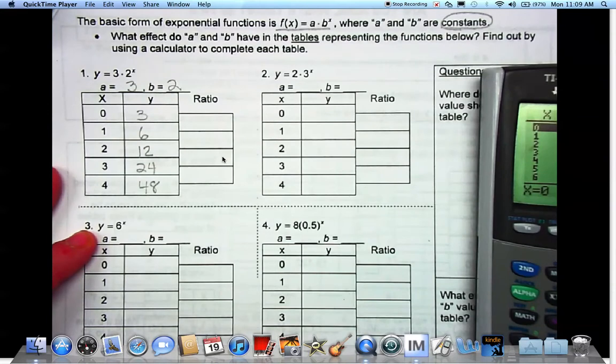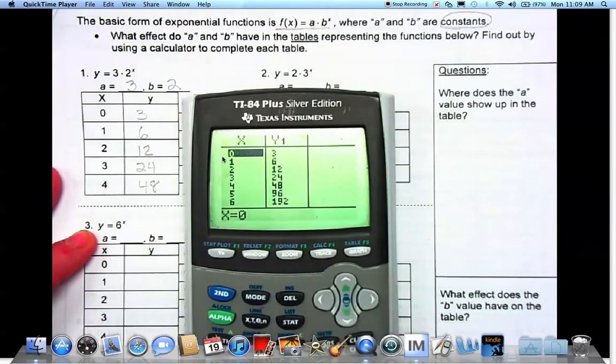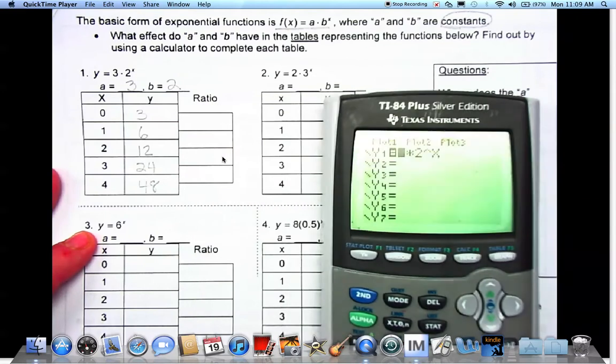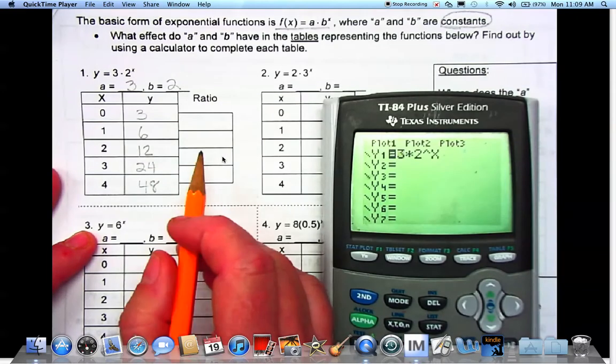They're still not. Something is wrong. Okay, go back to y equals and clear it and re-put it in: 3 times 2 to the x. Oh, yeah, that did it. It did? Okay. Sometimes you have to start over when it's auto and ask.